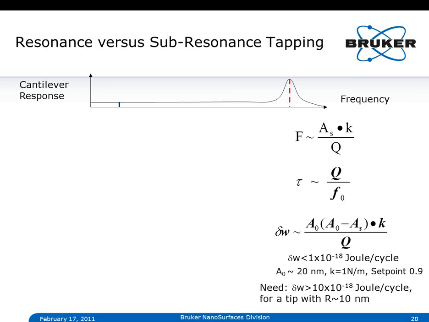Otherwise, the whole feedback would collapse. And if you make a simple estimation that it takes about 10 to the minus 18 or so joule per cycle to leave that adhesion layer, then you can actually see that with an amplitude of 20 nanometer, a K of 1 Newton per meter, and a set point of 0.9, you will not be able to do so.